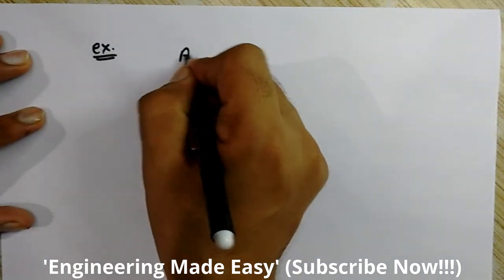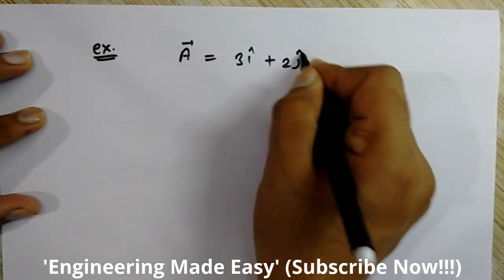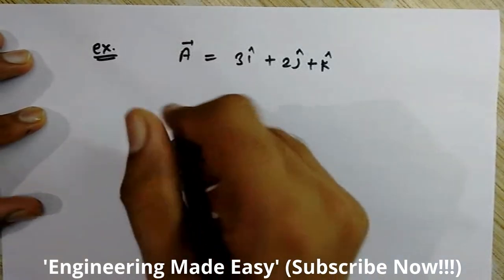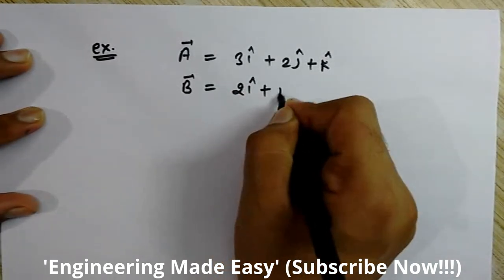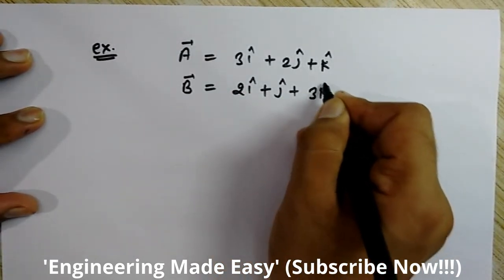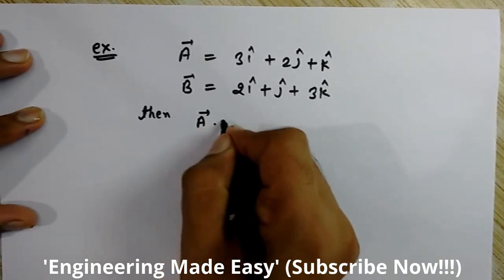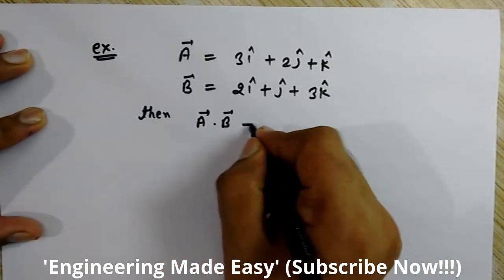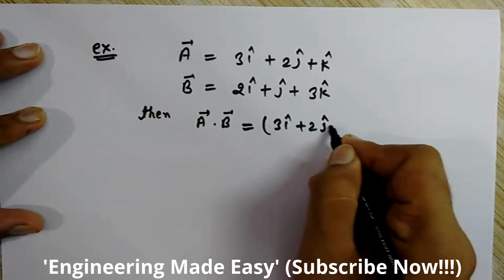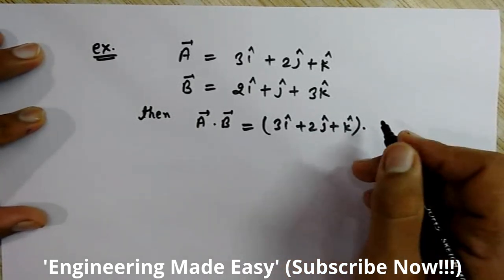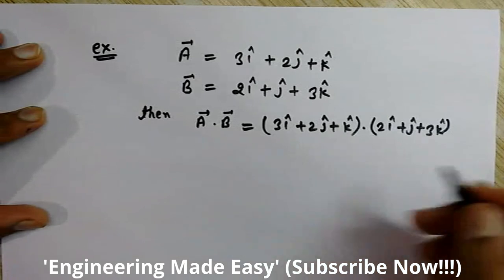Let's suppose vector A is equal to 3i cap plus 2j cap plus k cap, and vector B is 2i cap plus j cap plus 3k cap, then I want to find A dot B. Then 3i cap plus 2j cap plus k cap is dot producted with 2i cap plus j cap plus 3k cap.